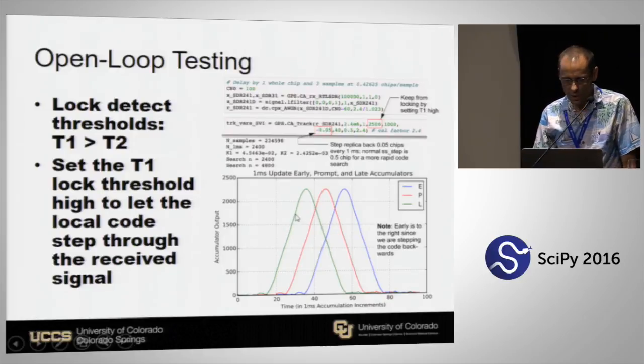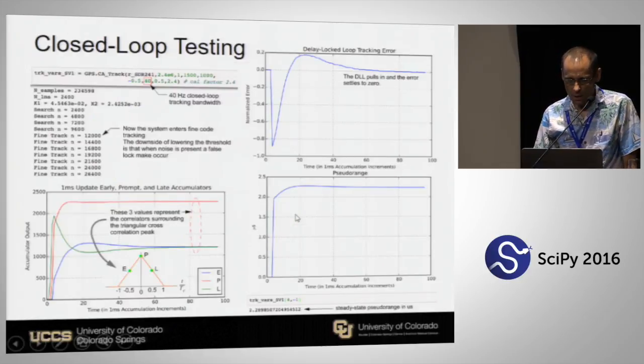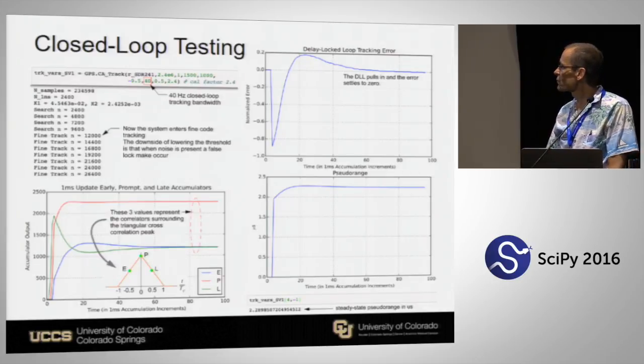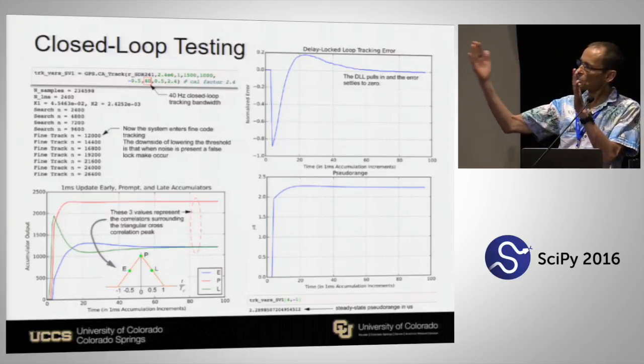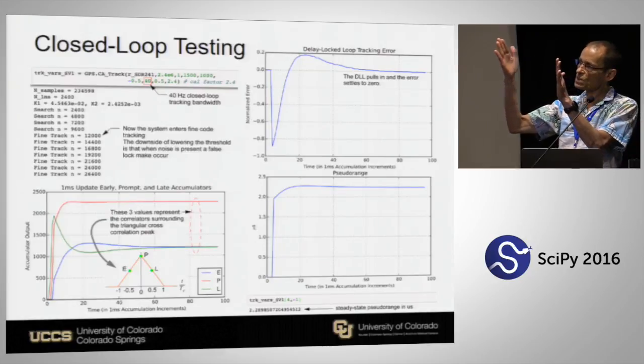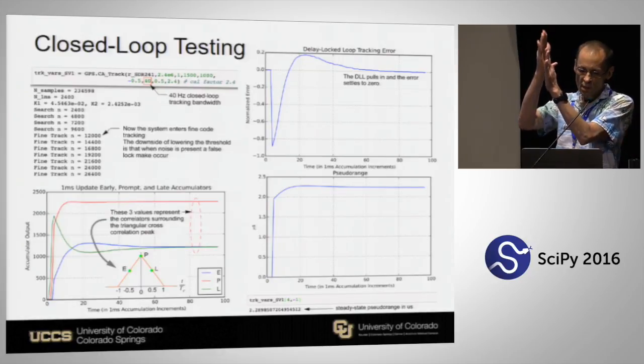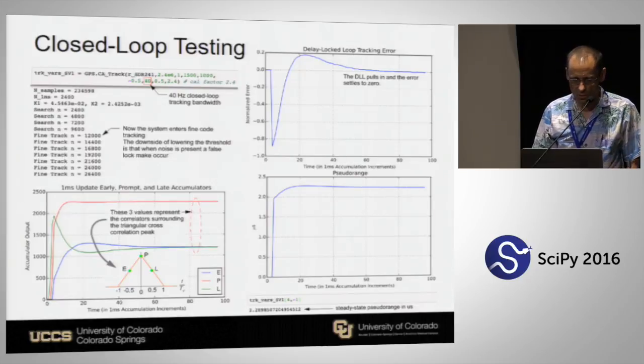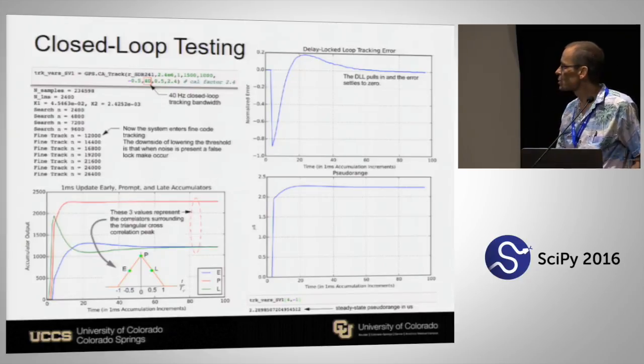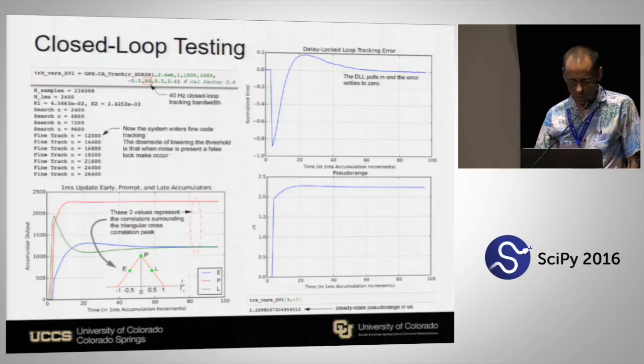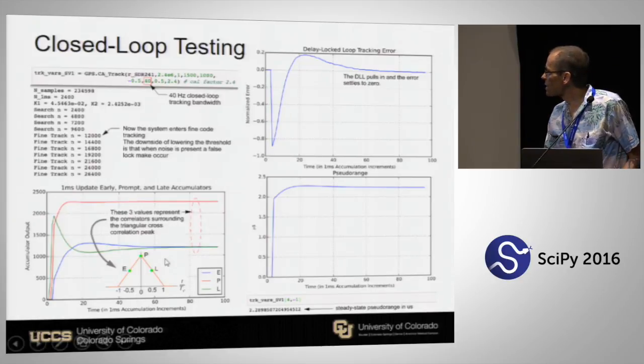So those are the three correlator outputs. If I actually let the threshold that will detect when I've brought the two codes into alignment, I'm stepping the local code against the received signal, and when it gets close, it then commences to track, so it changes modes in that class and begins tracking. And the tracking operation is kind of explained down here.